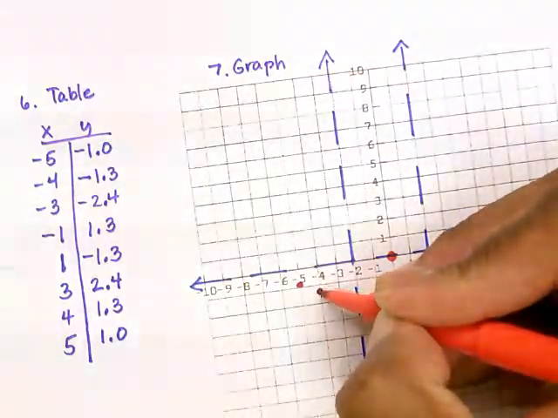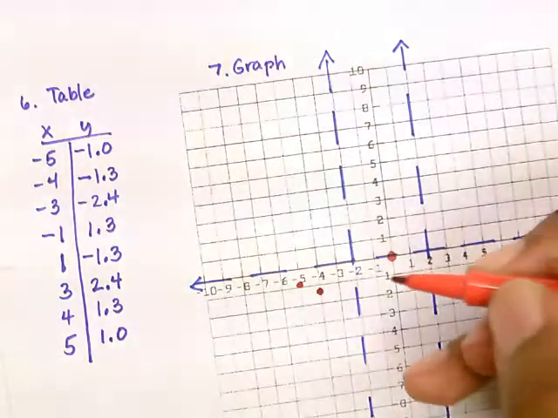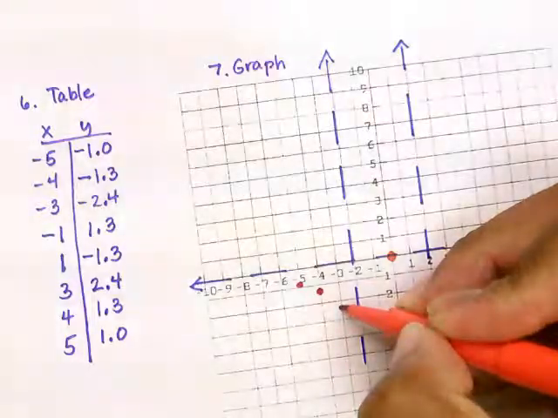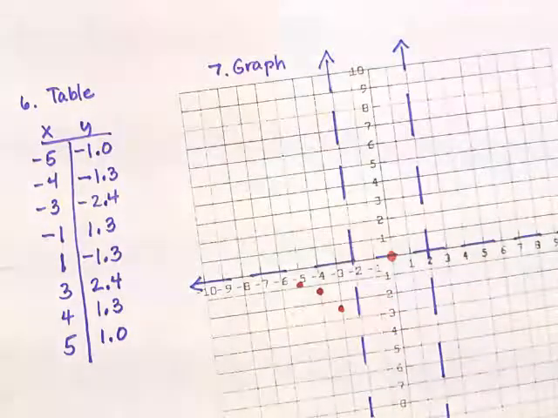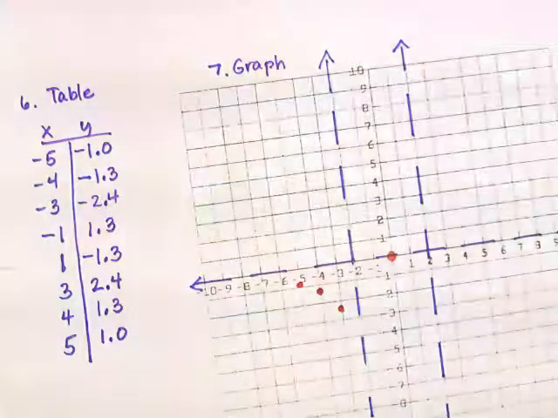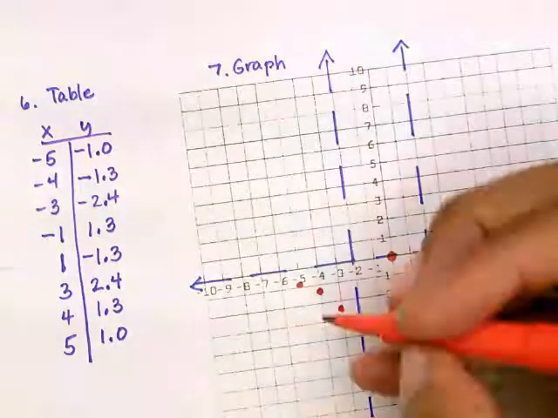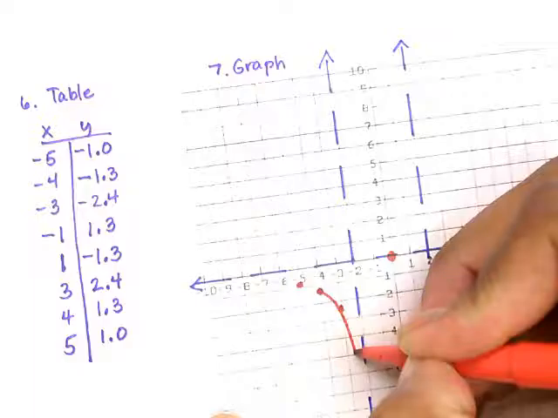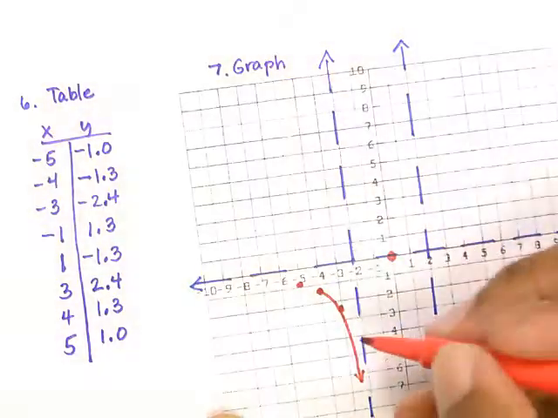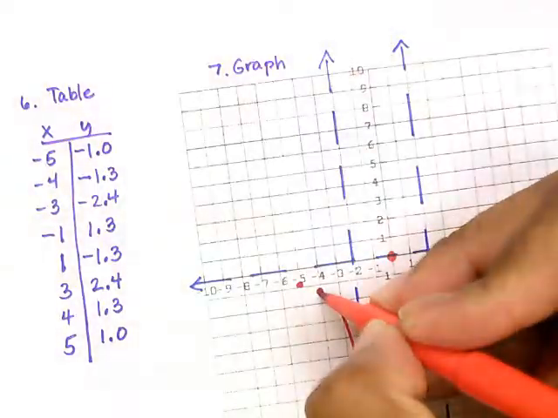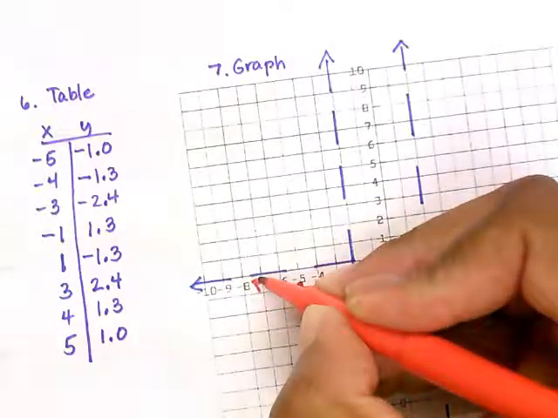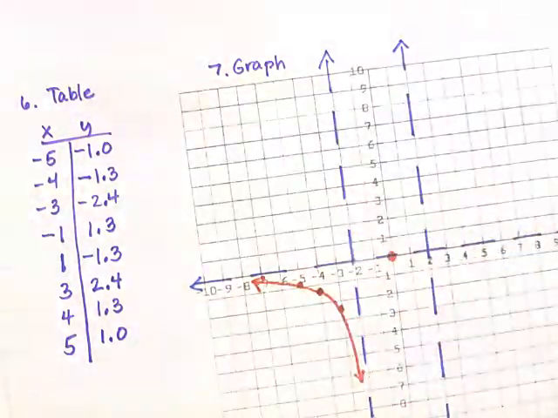And some of these you just have to kind of guesstimate. -3 and 2.4 would be like somewhere around here. Now I know what one part of this graph is going to look like. This end, if I come down this way, it's going to approach this first vertical asymptote like this. This end approaches the horizontal asymptote like this.